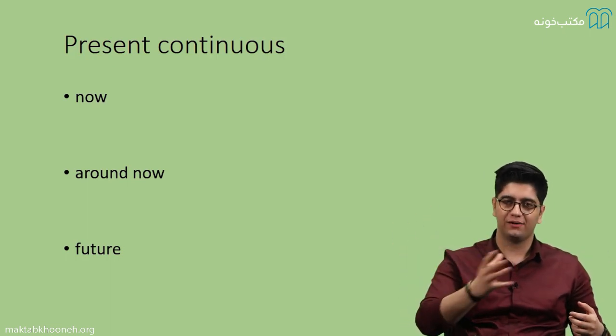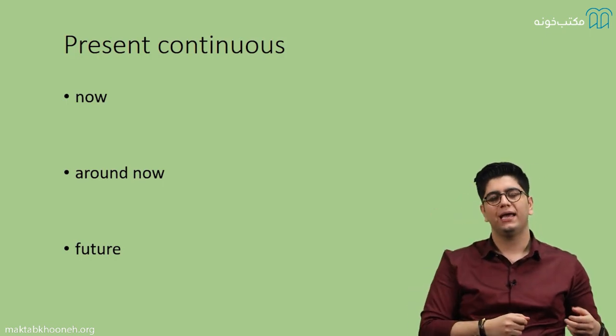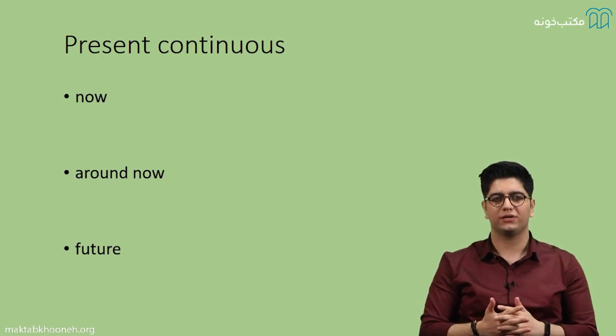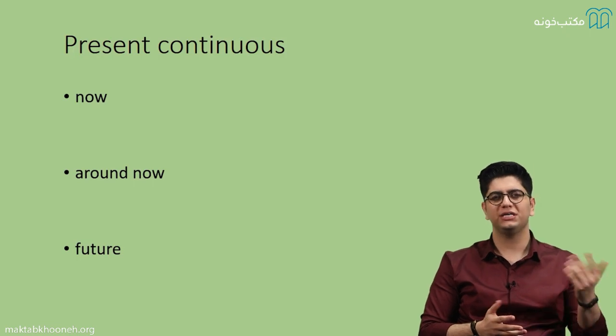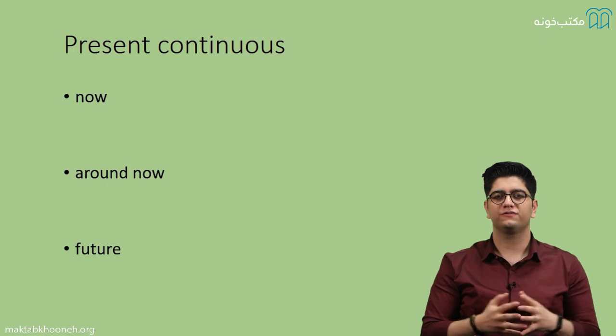So it's around now. Not specifically now, but around now. And you answer me back that I'm taking an English course. I'm going to the gym these days. I'm studying very hard for the final exam.